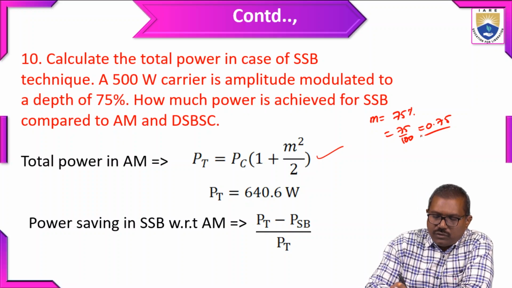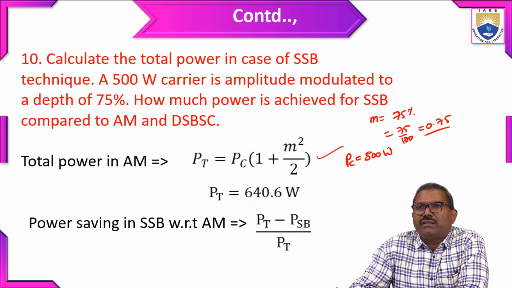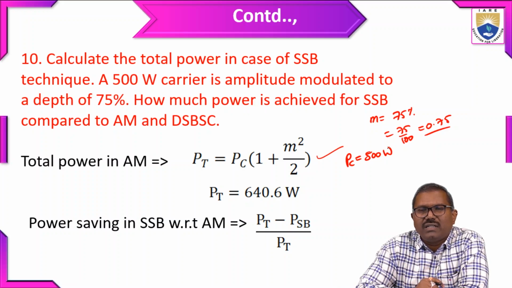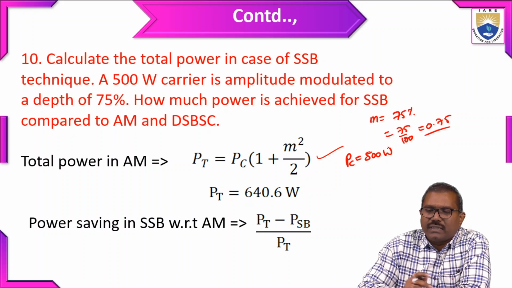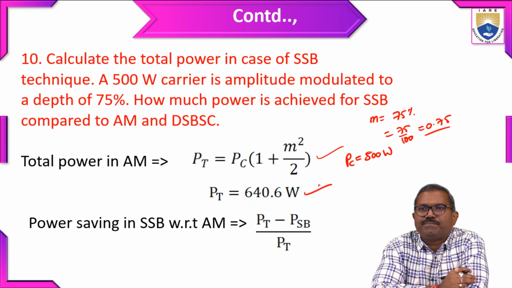So here you substitute these two values. What are the two values? One is PC, which is 500 watts, and M value is 0.75. So substituting these two values in the given formula, the total power is equal to 640.6 watts.